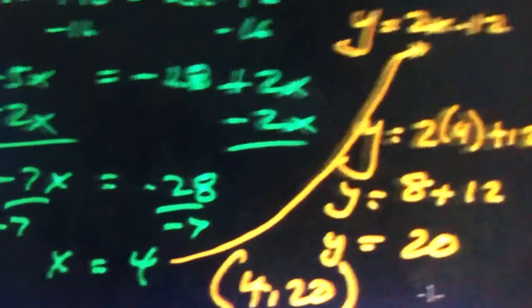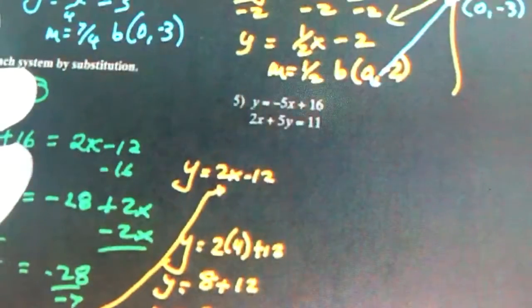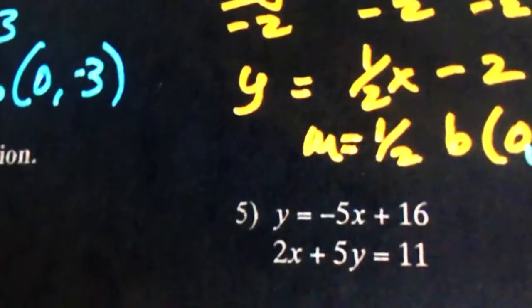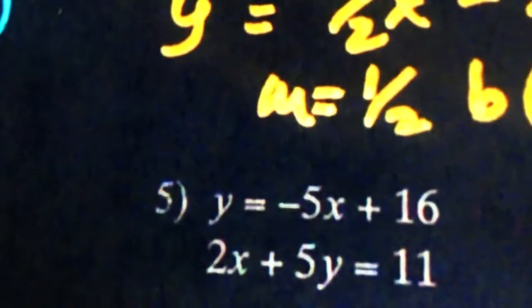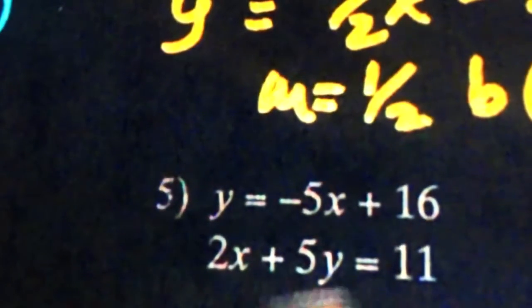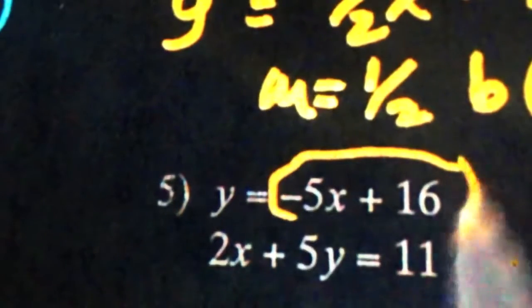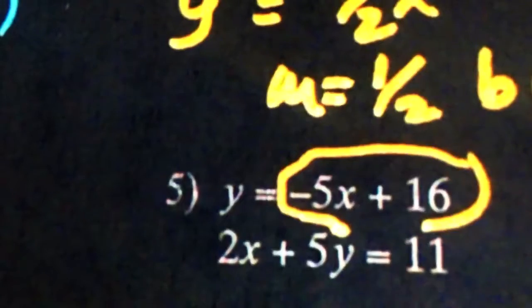Now another example of substitution, perhaps a little bit more difficult with the manipulation part of it. Again, we're substituting, but this time we're going to substitute the y equals negative 5x plus 16 into an equation of standard form. So this right here, this negative 5x plus 16, is going to go into here where that y is. And what do we get?